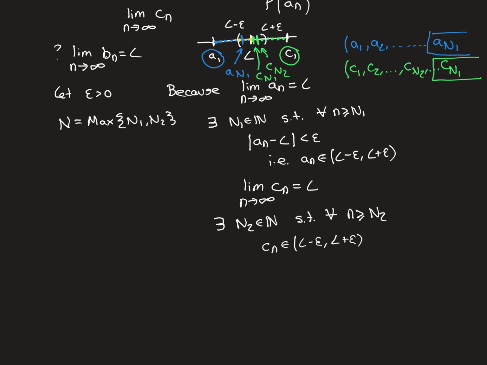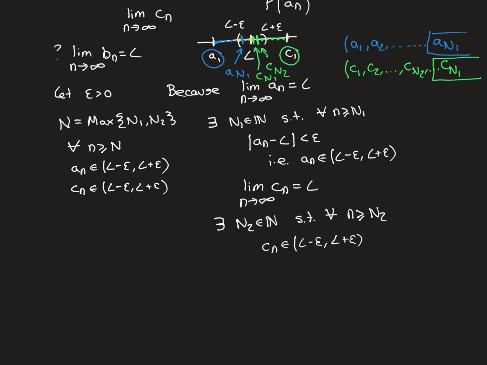So in general, we can go to this big N, which is the maximum of big N1 and big N2, and we can then say that for all n greater than or equal to big N, the a_n's are going to be elements of this epsilon interval, and also the c_n's are going to be elements of the epsilon interval.